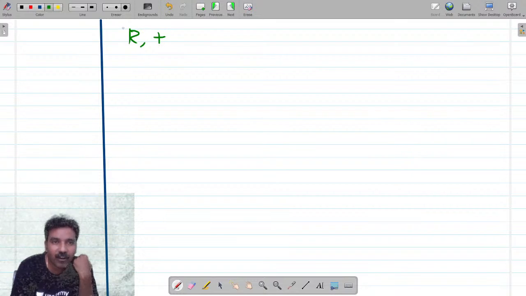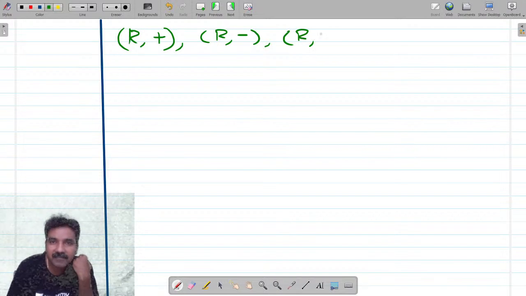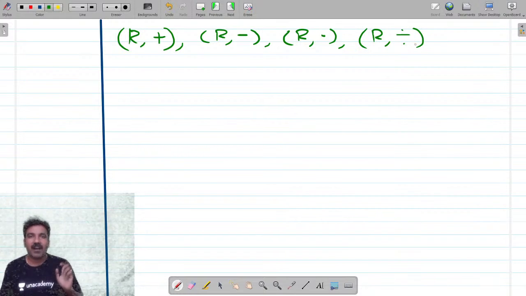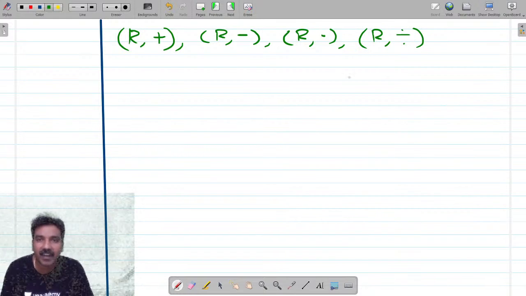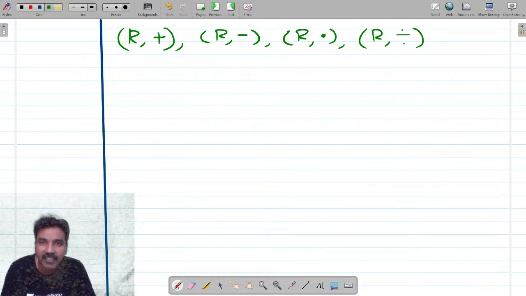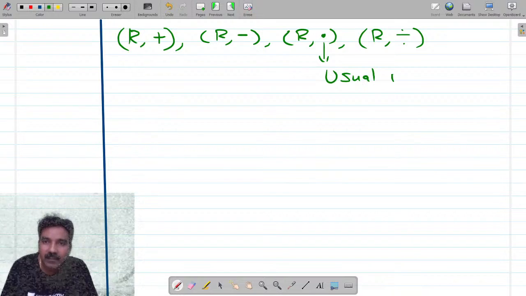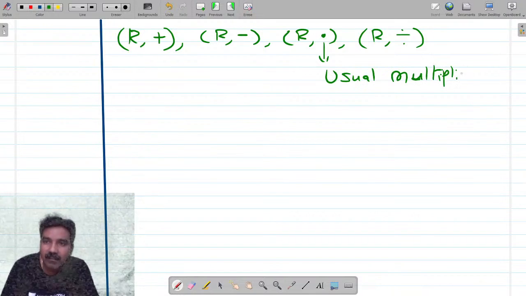Is (R, +) an algebraic system? (R, -), (R, dot), (R, division). See, here I wrote 4 structures: (R, +), (R, -), (R, dot). This is usual multiplication. So you tell me, out of these 4, which are algebraic systems and which are not.